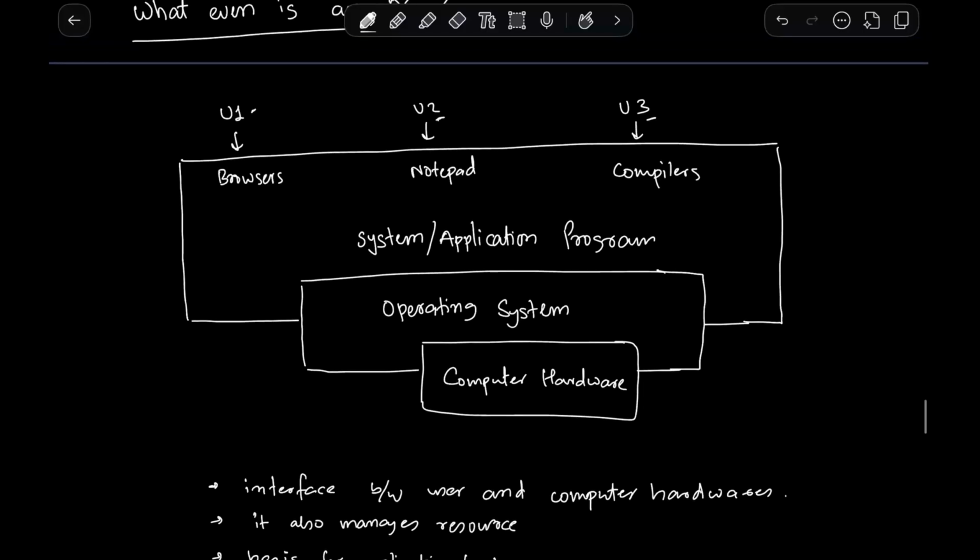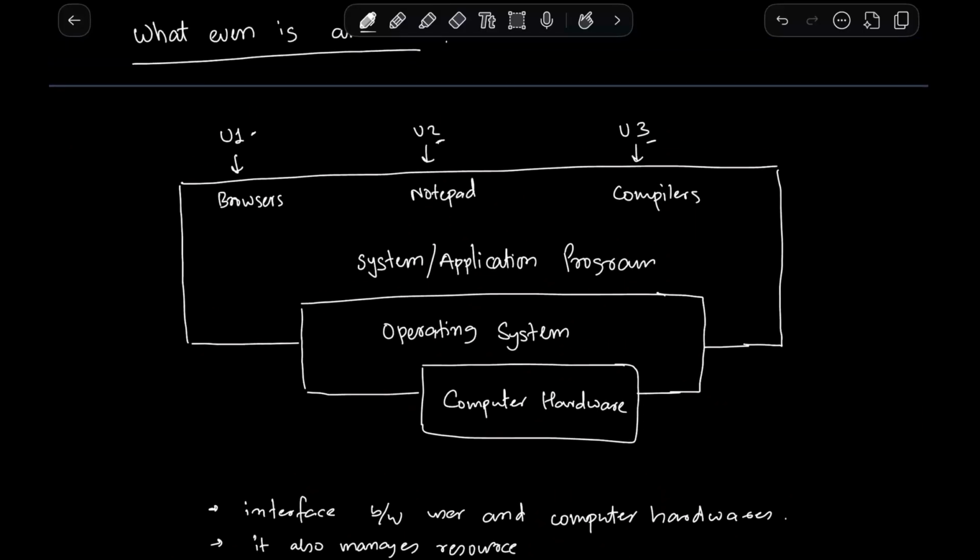So this is a high-level diagram of it, where at the very bottom we have computer hardware, which is abstracted via the operating system. Actually there is a kernel in between, we'll see it later. And then we have specialized programs known as application programs and system calls and all, which we'll see.